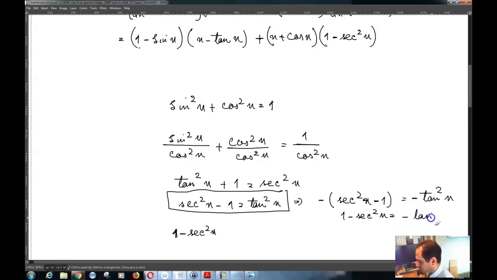So now 1 minus secant squared x is equal to negative tan squared x. So instead of this, I can write negative tan squared x. So that is that.